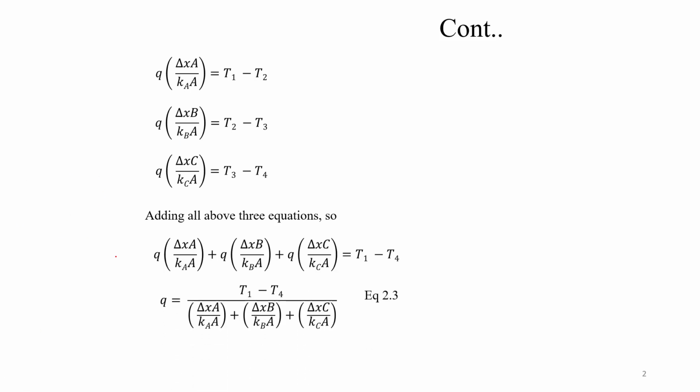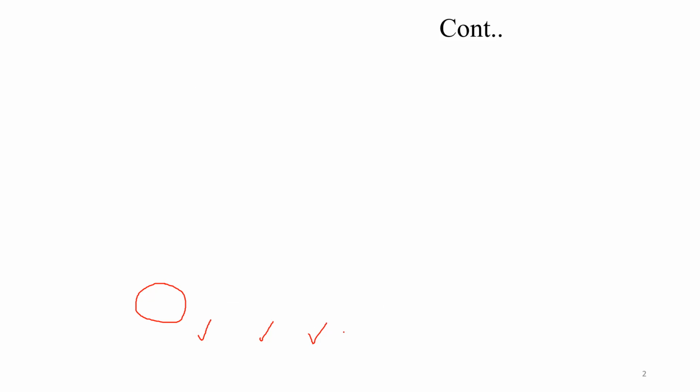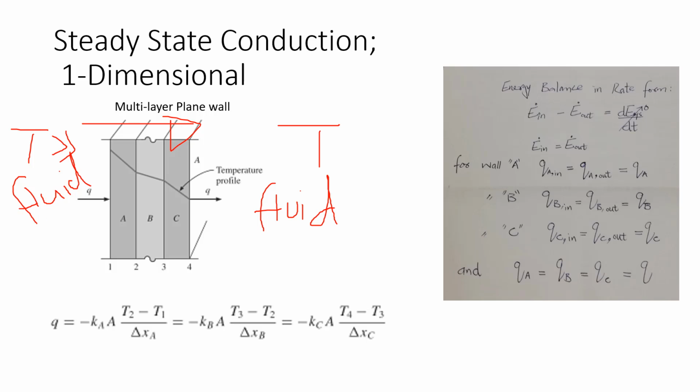The final equation that we discussed for rate of heat flow has just conduction resistances, there is no information about convection. And just to remind you, convection is occurring between this fluid and this face of the wall, and convection is occurring between the other fluid and the other face of the wall.